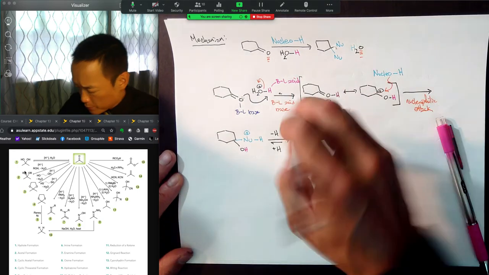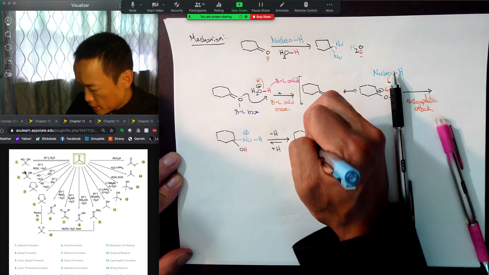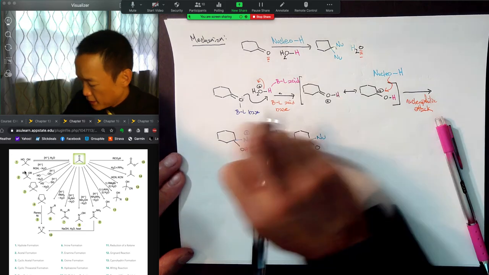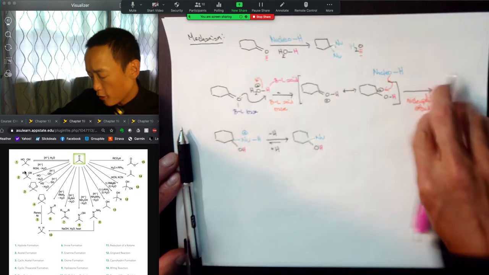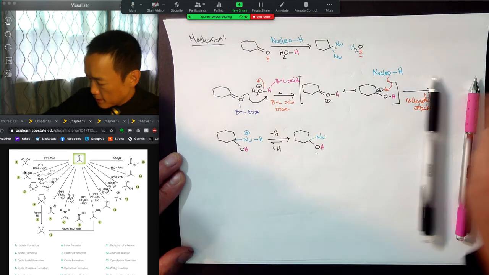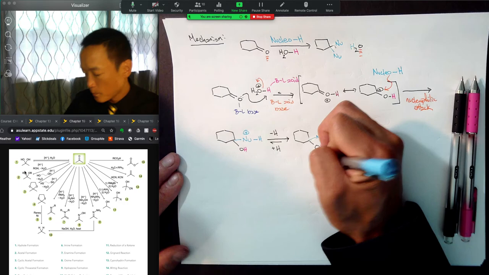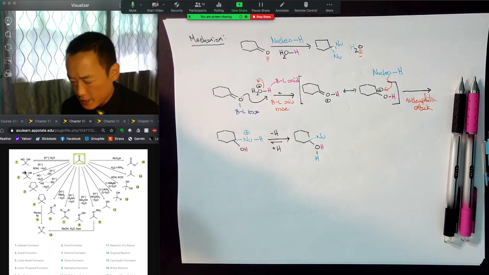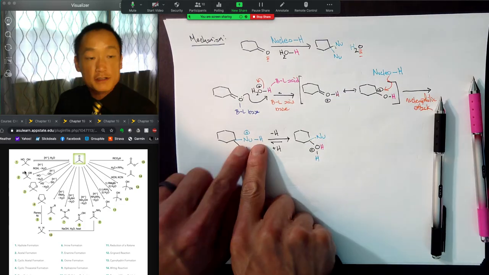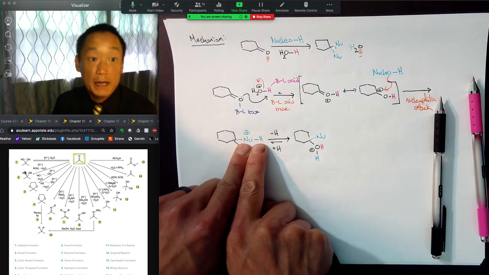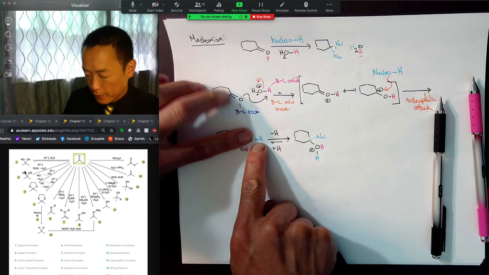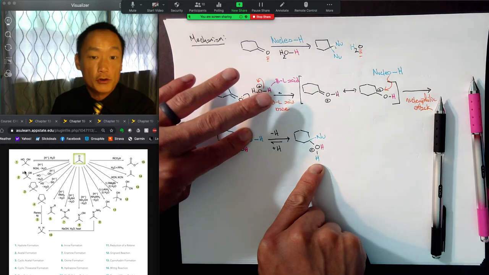And what I'm denoting when I do that is simply to say that a proton has migrated from this nucleophile atom, maybe it's an oxygen, maybe it's a sulfur, maybe it's a nitrogen, and has now shown up on this oxygen over here.